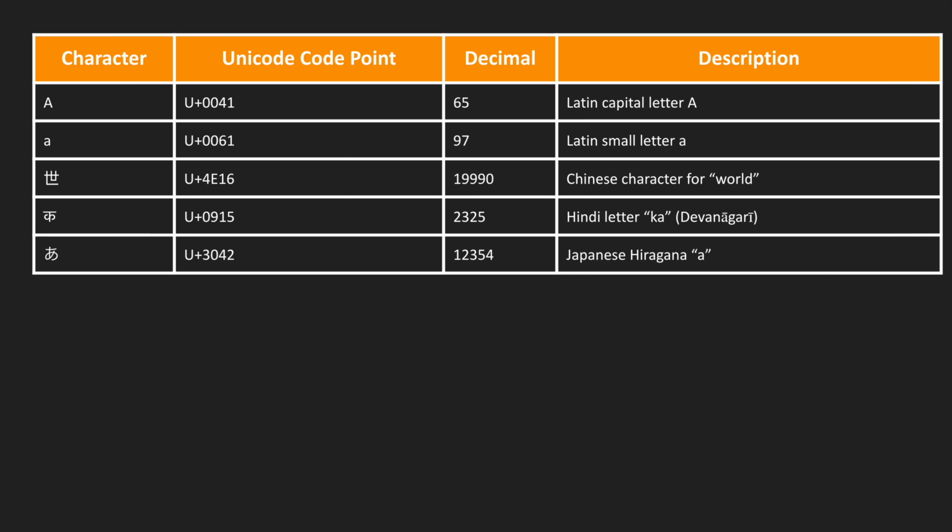They are interchangeable, so whatever we have in ASCII, let's say the digit 0 is 48, will be the same in Unicode. And for the following code points, we have characters in other languages and other alphabets and so on.